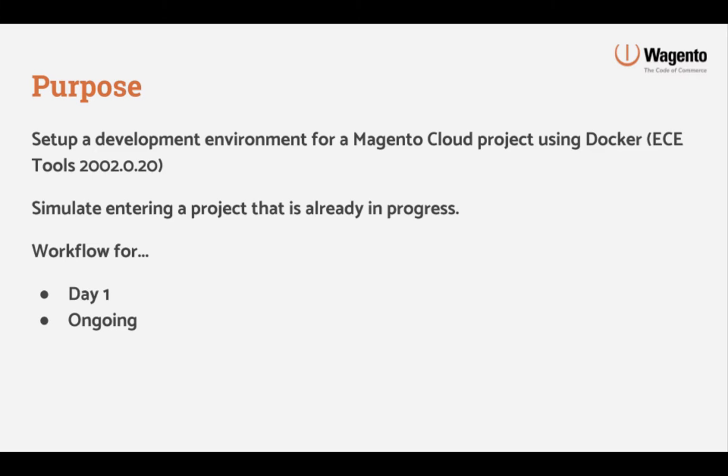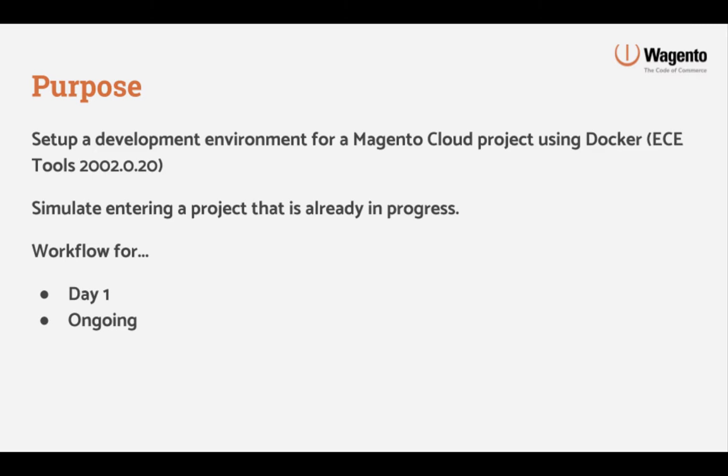So we're going to review what steps you take if you are a developer that's received your first ticket on a project, first task to complete, and the project has already been under development for maybe a couple months. Maybe the project is already live. It has a customized code base and a fully populated database that needs to be recreated in a local environment.